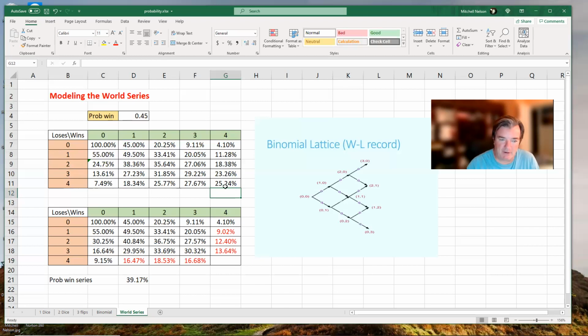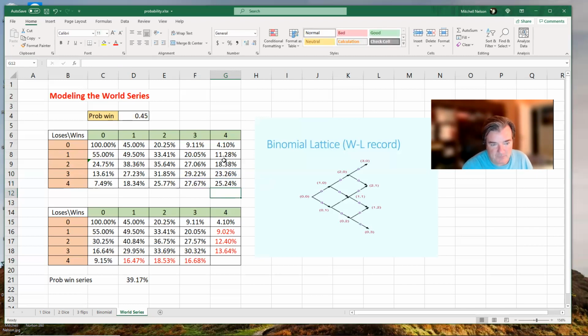But that could never happen in the World Series. It's basically saying there's two ways I could get there. I could get to 4-3 and then lose the next game, and I could get to a score of 3-4 and win the next game. But if the series was 4-3 or 3-4, there wouldn't be a next game. So this box shouldn't even have any value in it at all.